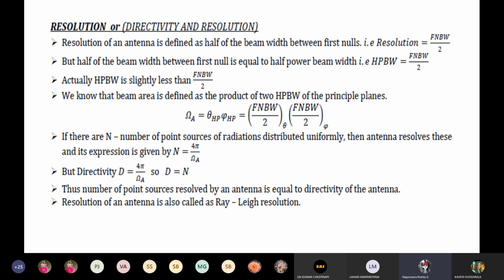Capital N is equal to 4 pi by beam area, where omega A is the symbol for beam area. Directivity D is equal to N. Thus the number of point sources resolved by an antenna is equal to the directivity of the antenna. Resolution of an antenna is called Rayleigh resolution.